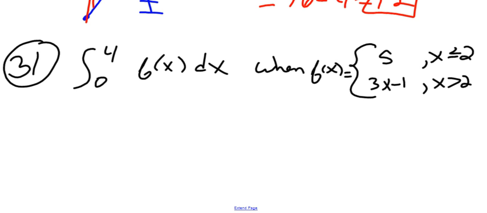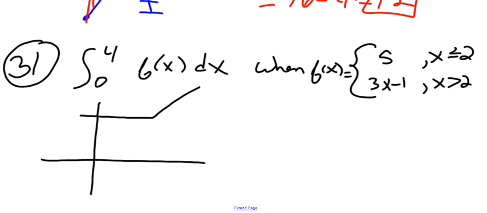This function does graph continuously, though it does have a corner. So here at 2, we have a problem. But if I break this up using geometry, then I shouldn't have any problem.